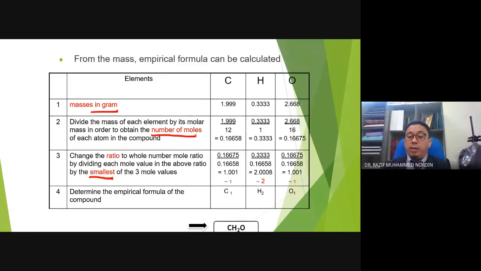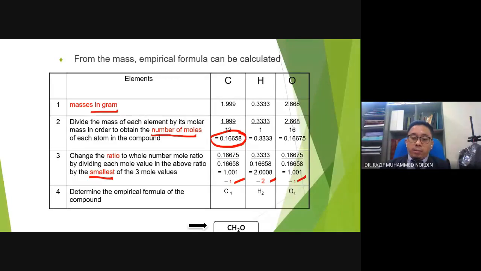So you need to identify from here which element has the smallest number of mole. So here we get carbon is the smallest. By dividing with the mole of carbon, you will get somewhere around 1.001, 2.008, and then 1.001.